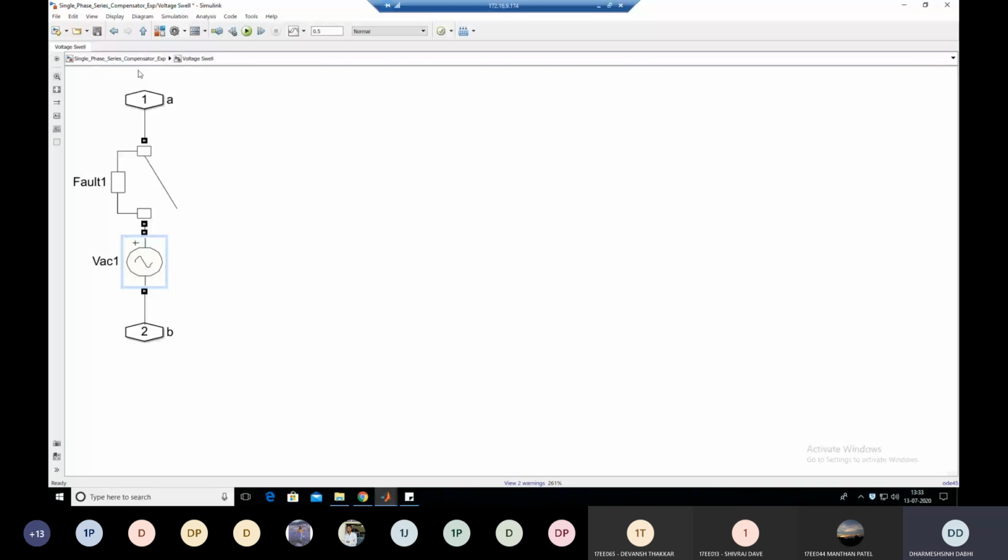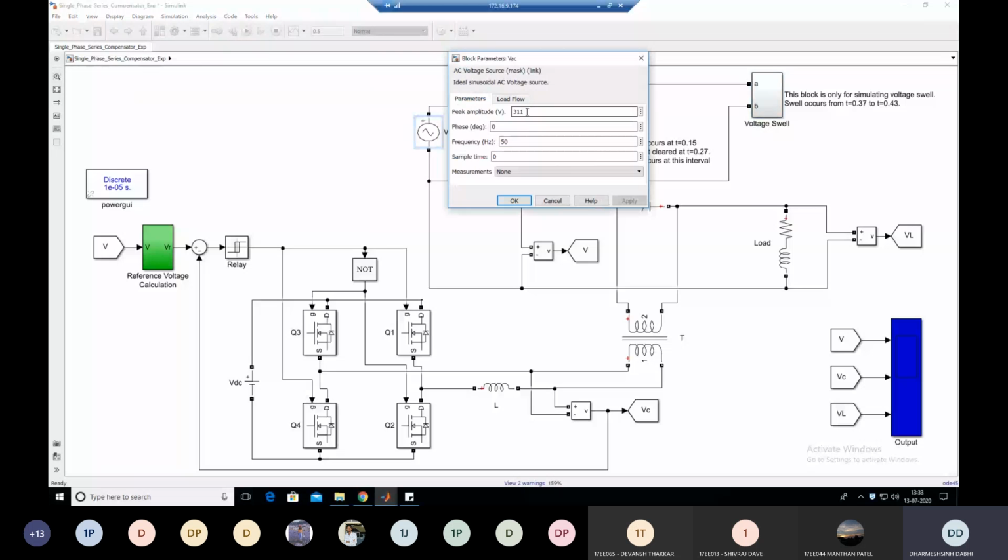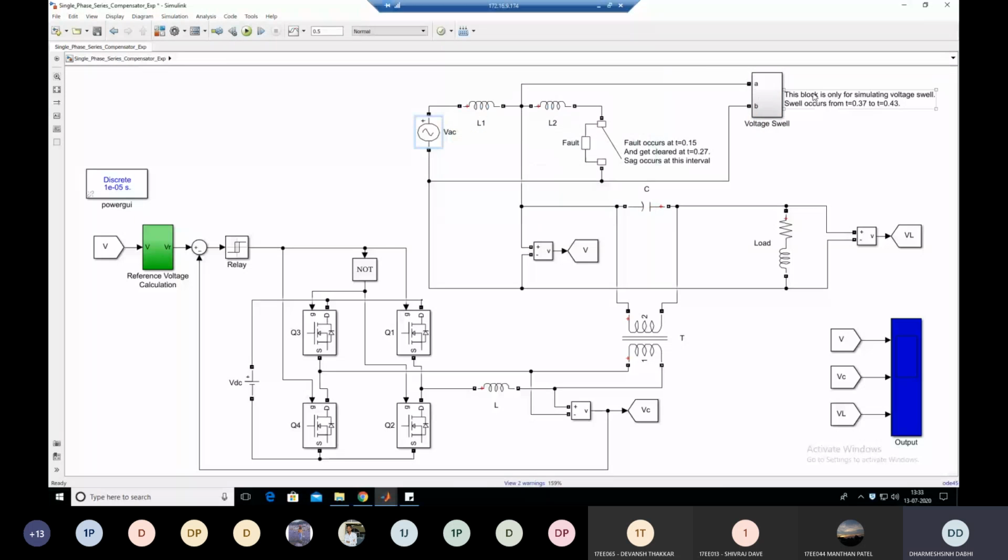But the actual system voltage is how much? 311 volt. So when this breaker is closed in the duration of 0.37 to 0.43 second, that creates the voltage swell across the load side. So when you measure the voltage in this interval, the voltage across the load side is more than the supply voltage. So that creates the voltage swell, the over voltage condition.